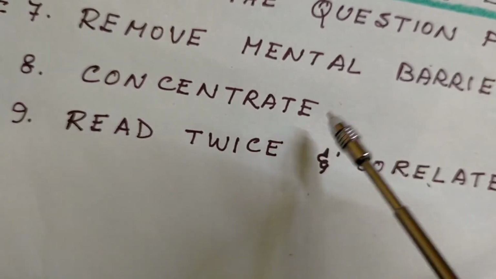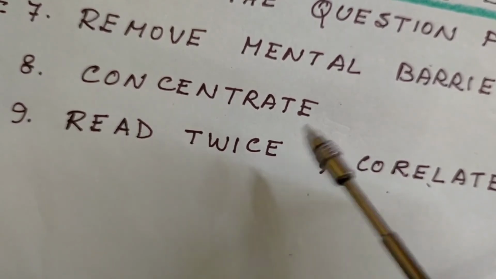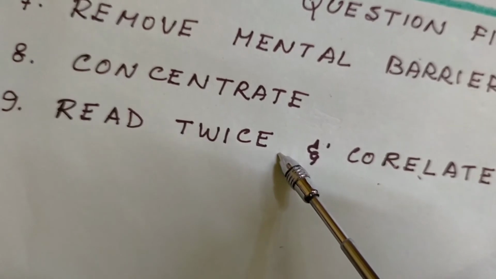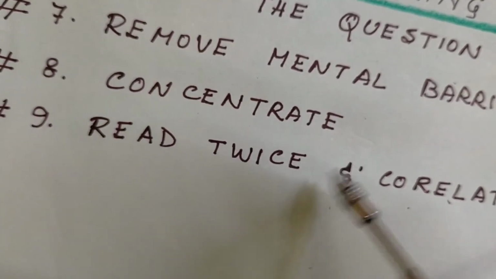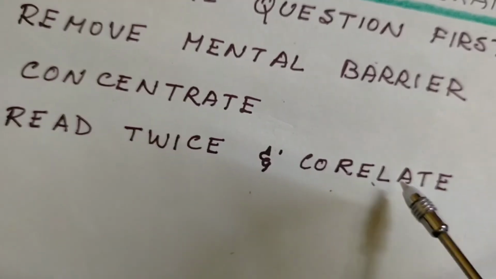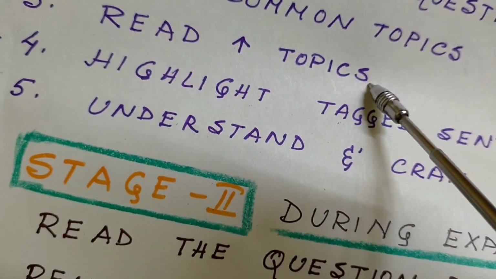You are concentrating and reading it once. Read it once more. Without trying to draw any conclusion, read it once more. This will help you to understand the details and avoid the mistakes which you are about to make. So when you are reading it twice, also correlate it with your previous knowledge, the topics you have already gone through previously.